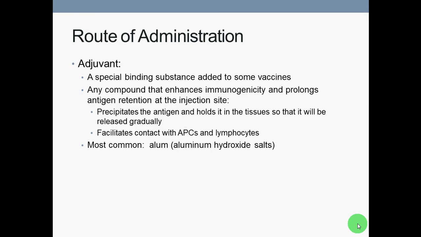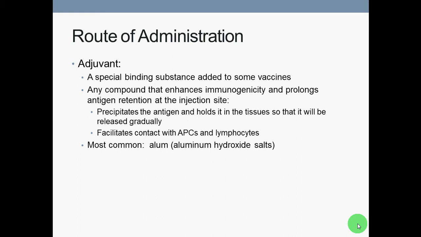Some vaccines need added chemicals to them in order to make them more effective. We call these adjuvants. Adjuvants are special binding substances that help to enhance the immunogenicity of that vaccine. What I mean by that is some antigens are good, but they don't elicit enough of an immune response on their own to really be a good vaccine.